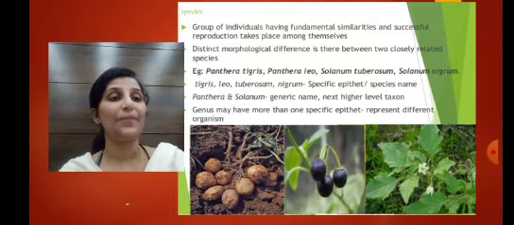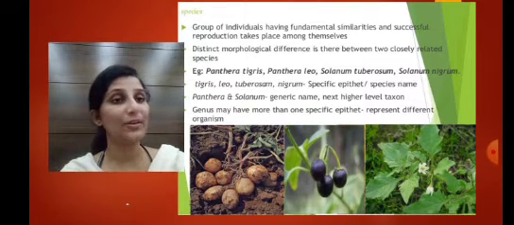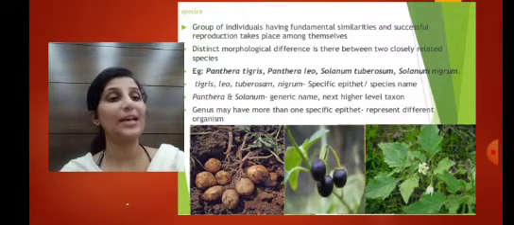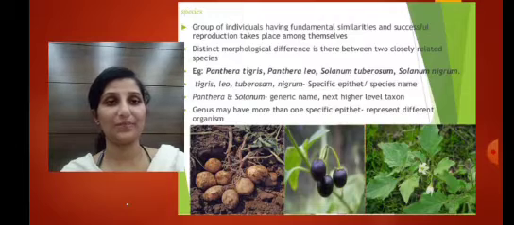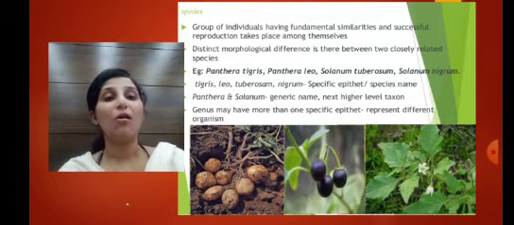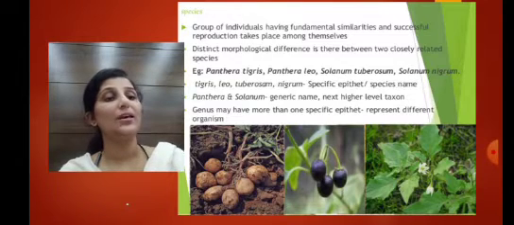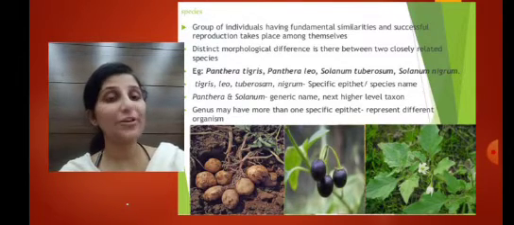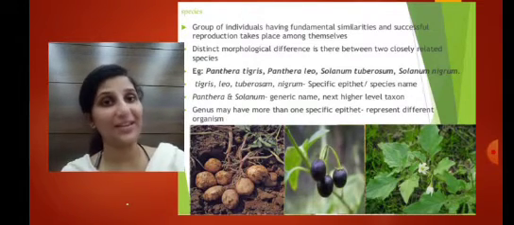For example, the brinjal is called melongena, the tomato is called nigrum, and the potato is called tuberosum. Based upon their differences, they are placed under different species, but based upon their similarities, they come under the same genus.